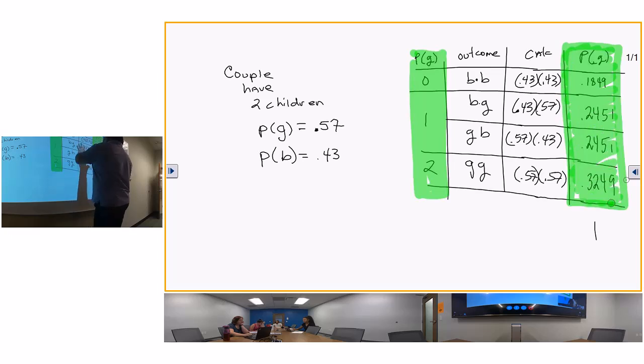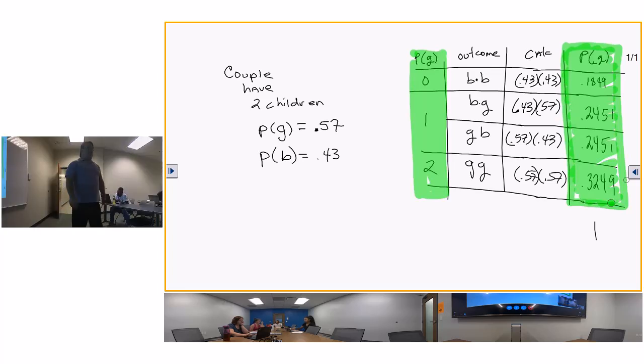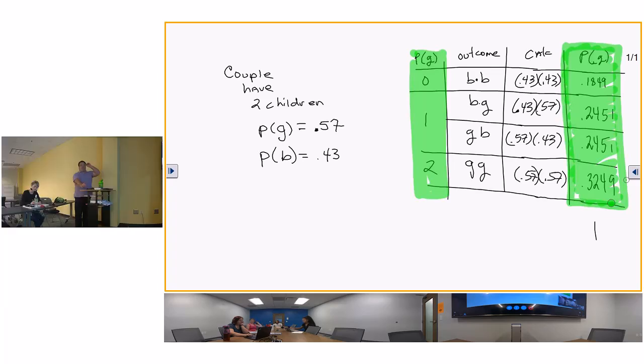This is how you get those two columns. So you might want to put that in your notebook. That's how you get a probability distribution. On a lot of these questions, they're just going to show you the green on the left and the green on the right.